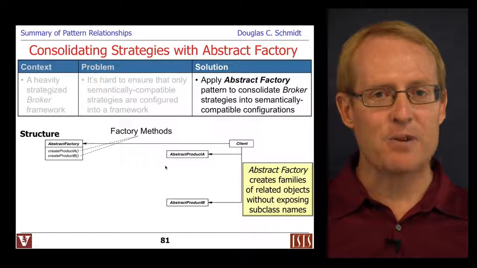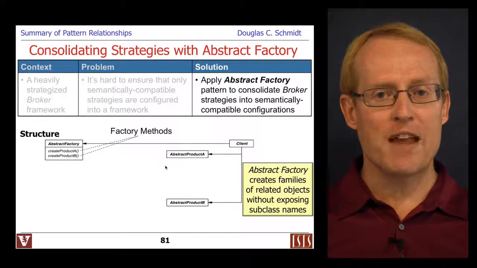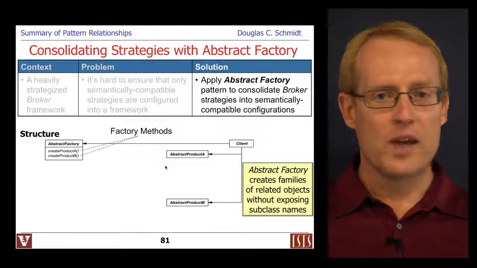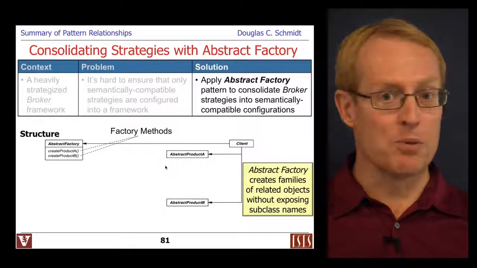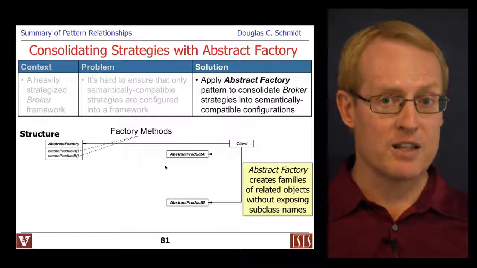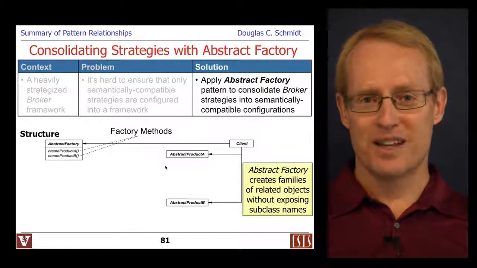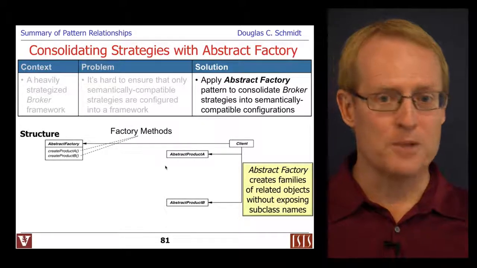Now, the Abstract Factory pattern allows you to create families of related objects without exposing subclass names. So you can have an abstract factory with a group of factory methods that create different kinds of products. In our case, it was these strategies for the broker.